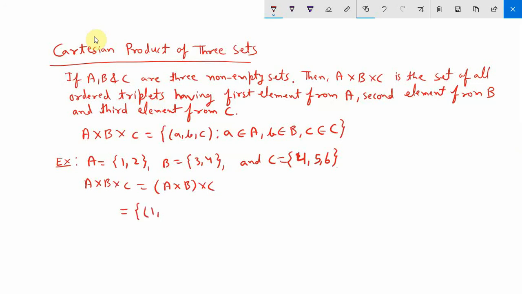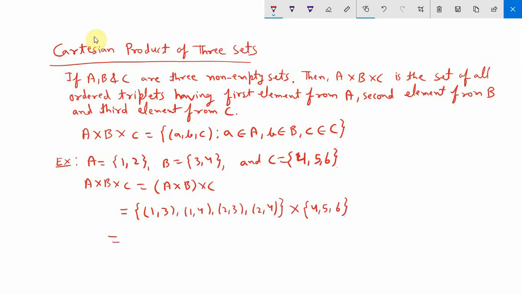First we will consider 1. So (1, 3), (1, 4), then (2, 3) and (2, 4). Okay. We will get 4 ordered pairs from A × B, and this we have to multiply with C. So C is {4, 5, 6}.